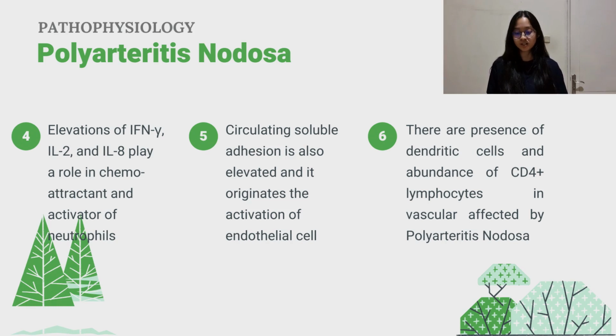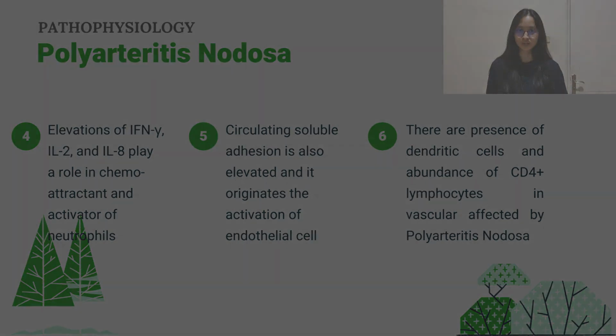Following the fibrinoid necrosis is the elevation of gamma interferon, interleukin 2 and interleukin 8, which play roles in chemoattraction and activating neutrophils. In this process, circulating soluble adhesion molecules are also elevated and therefore lead to the activation of endothelial cells. There is also presence of dendritic cells as well as an abundance of CD4 lymphocytes in blood vessels that are affected by polyarteritis nodosa.